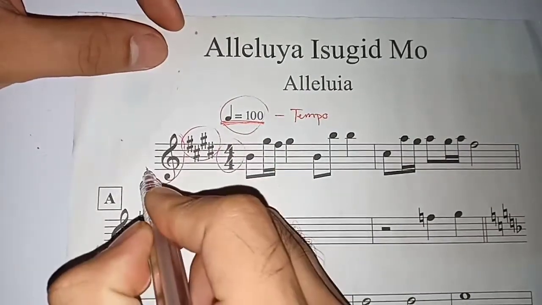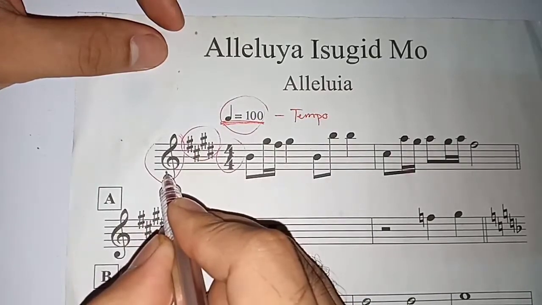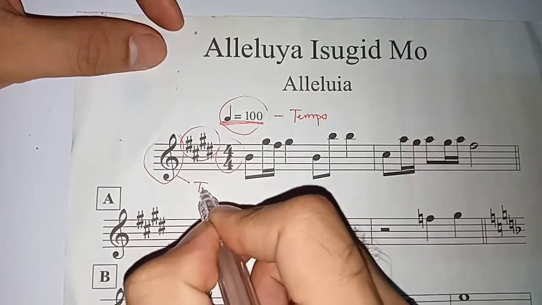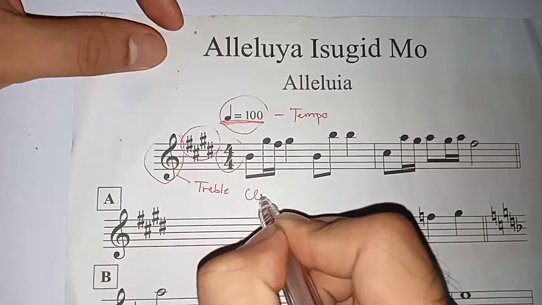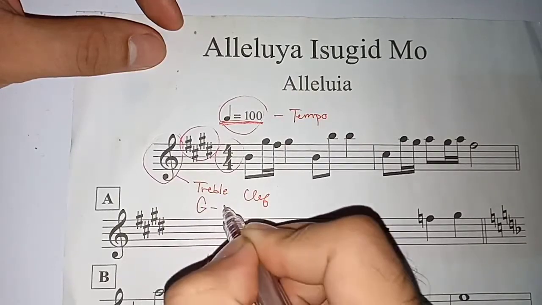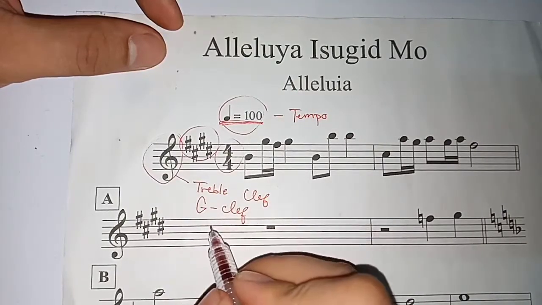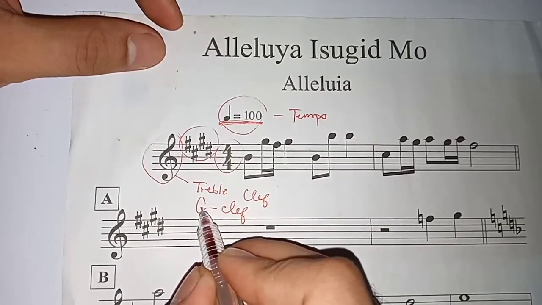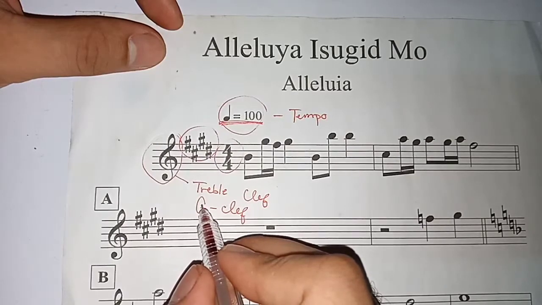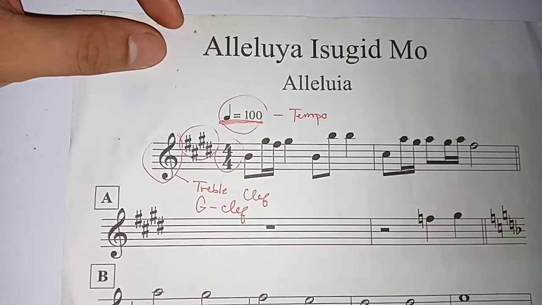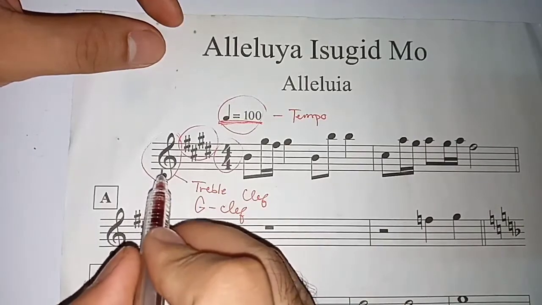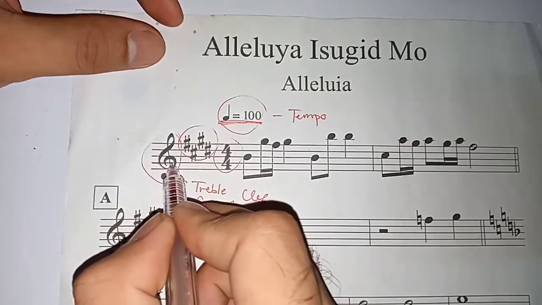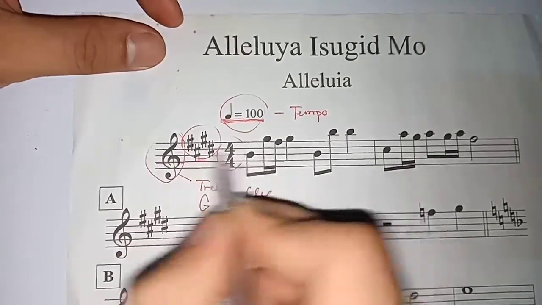The second symbol we have here is a clef. This is specifically a treble clef, or popularly known as the G clef. We call it the G clef because the origin of this clef starts from the G line or G note, this one.